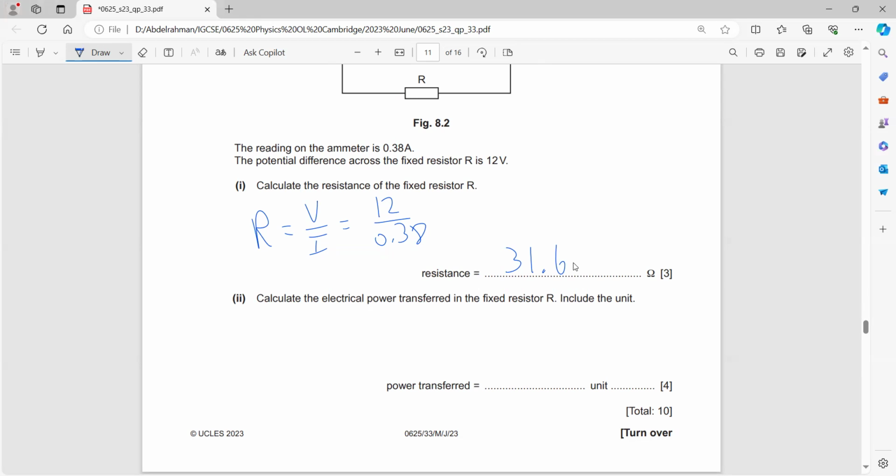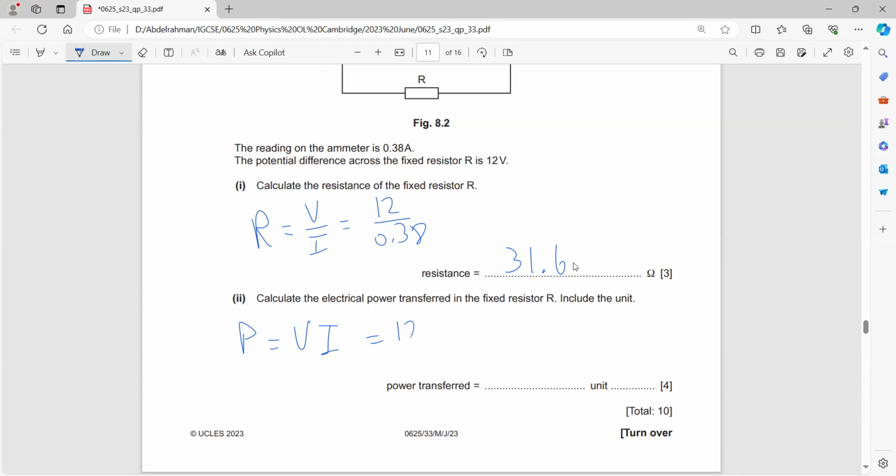Calculate the electrical power. What's the equation for the power? Power equals energy over time, but that's if we're calculating mechanical power, work done over time. The electrical power equals VI. So 12 times 0.38.